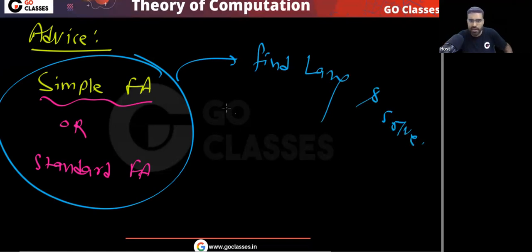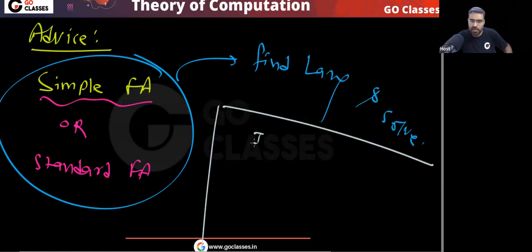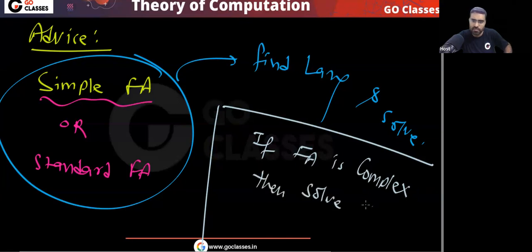But remember, if the finite automata is complicated, is complex, then solve directly. Then don't find the language. I hope this point is clear.